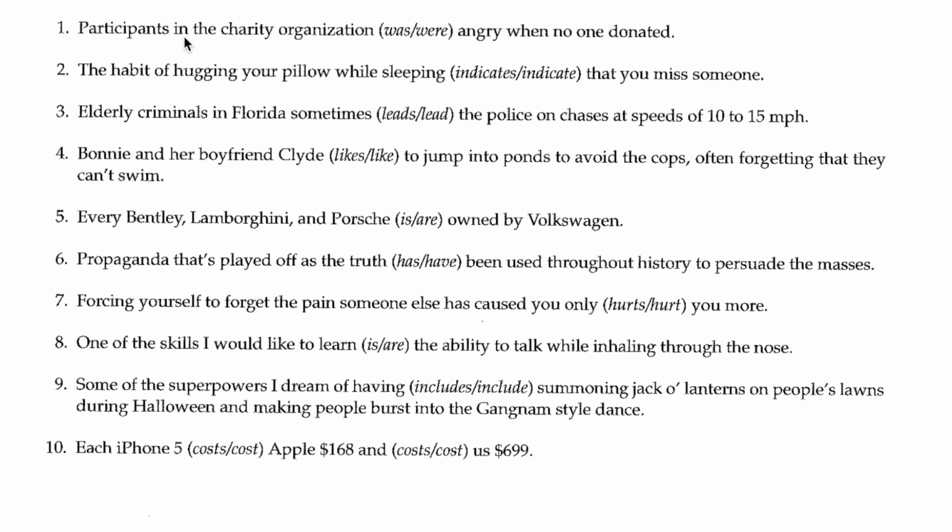So is there any relative, prepositional, or comma phrase here? Yes, it's in the charity organization. This is a prepositional phrase. And we said before, whenever you have a prepositional phrase, cross it out from the sentence. So my subject is participants. Alright, so participants was or were? Of course, participants were.